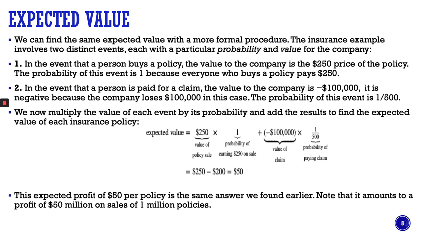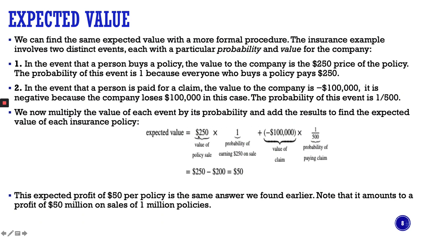We now multiply the value of each event by its probability and add the results to find the expected value of each insurance policy. So our expected value will be the $250, which is the value of the policy sale, times 1, because if somebody has a policy, they paid that, plus the negative $100,000, which is the value of the claim, times 1 out of 500.